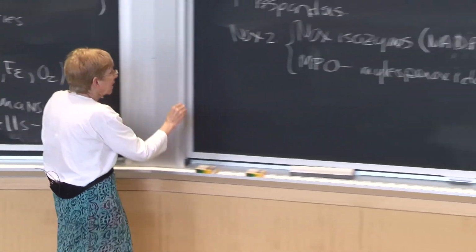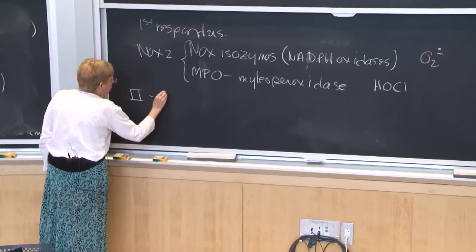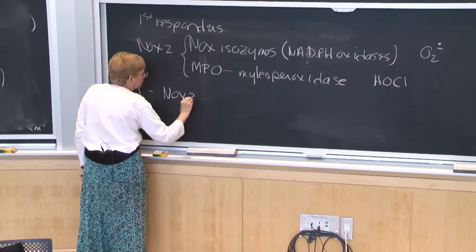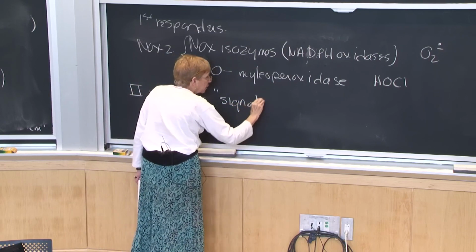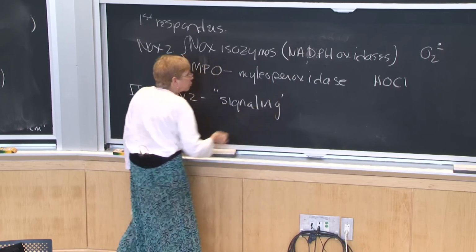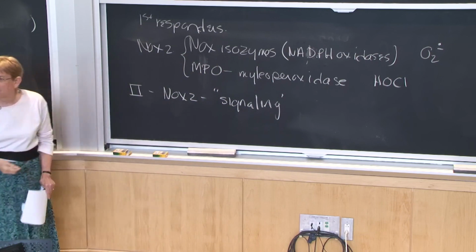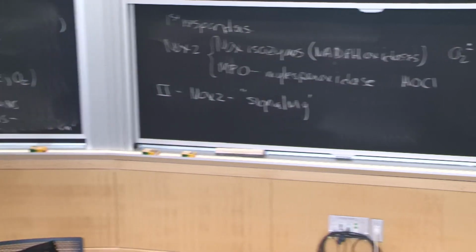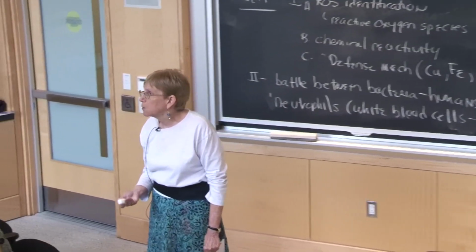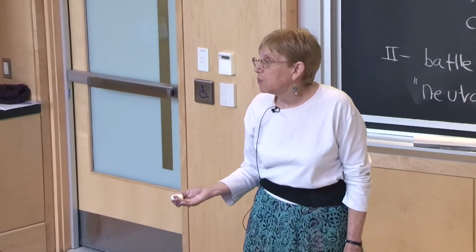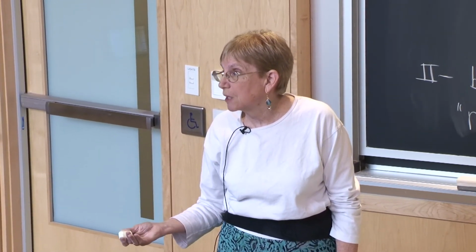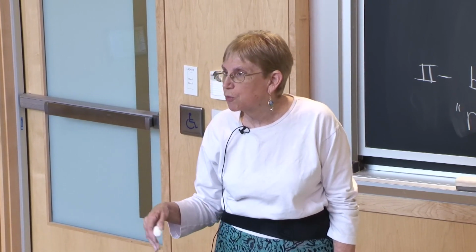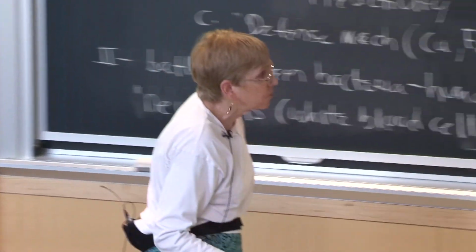And then the second lecture goes back to the NOx2 proteins and the question now of not killing, but signaling. And as we already saw in the last recitation, how were we signaling? We were signaling by reaction of sulfide groups with hydrogen peroxide, which can be generated from superoxide. I'll show you how that happens.